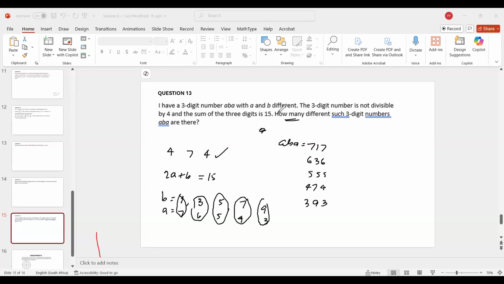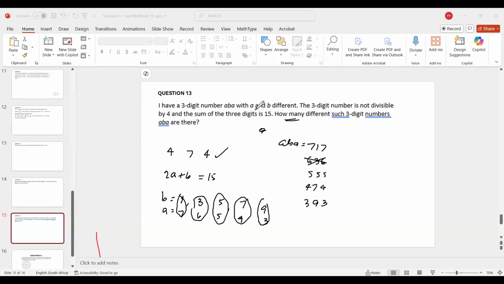Now let's have a look at this thing again. They say it's not divisible by 4. So this one here can be taken out, because 36 is 4 times 9. But none of the other numbers are divisible by 4. The 474 I had as an example earlier on is in, because it is not divisible by 4. So it looks as if there are 4 answers, but be very careful.